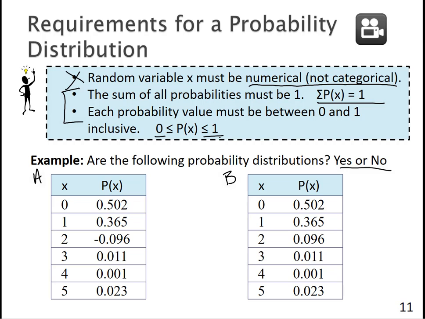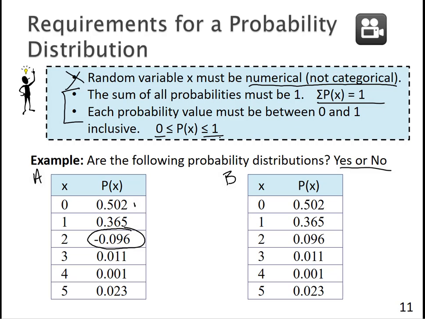Okay? So if we look at A, notice that again, much like the example from a previous video, my probability distribution has an X column and a P of X column. So what we are focusing on is the P of X column. If I look at table A, and I look at each P of X, I notice that the probability of X equals 2 is negative 0.096.